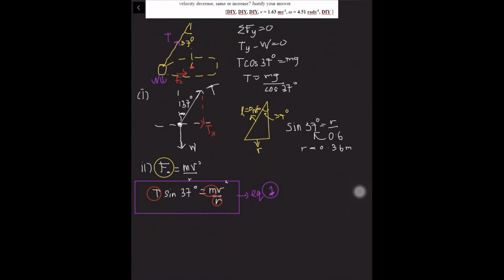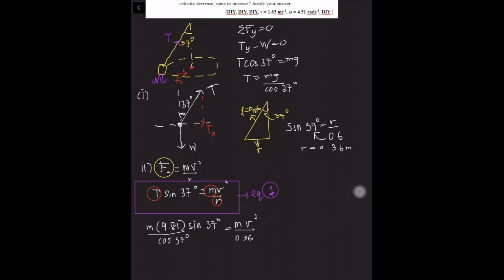By substituting, tension is mg over cos 37 degrees, times sine 37 degrees, equal to mv squared over r, where g is 9.81 and r is 0.36 meter.